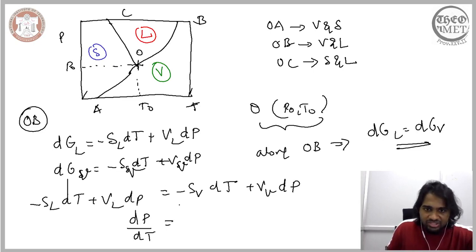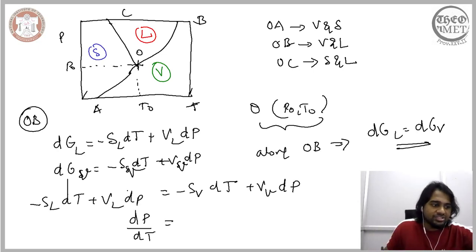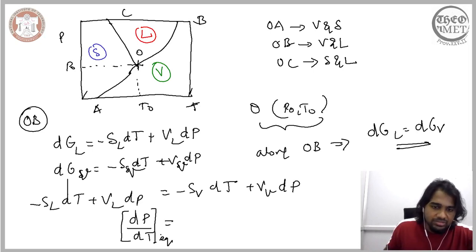So we are just rearranging these two expressions, with a set of terms on the left hand side and the right hand side, and we are considering along the line OB, so we are considering dP by dT at the equilibrium.